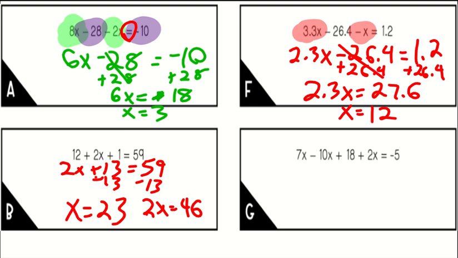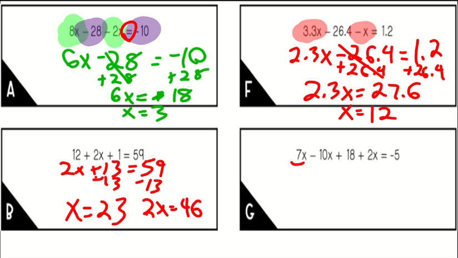All right, who could give me G? Aiden? All right, so we combine.